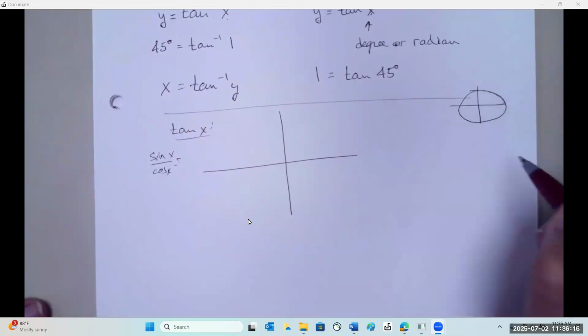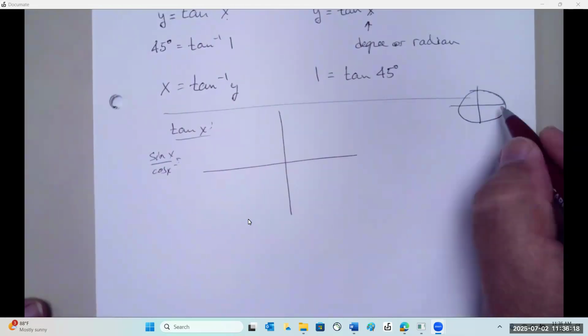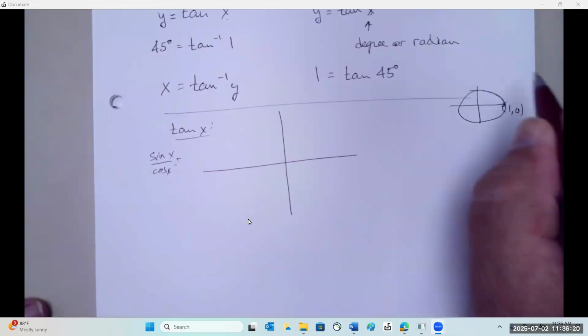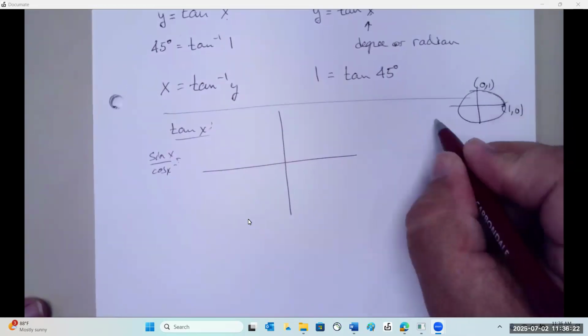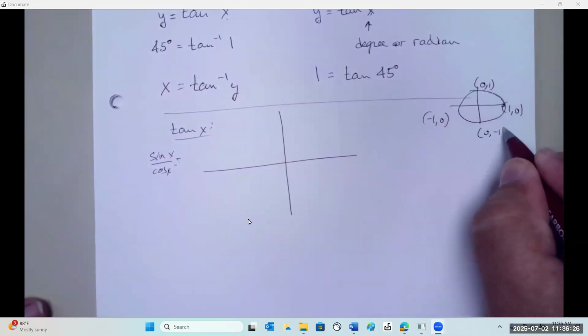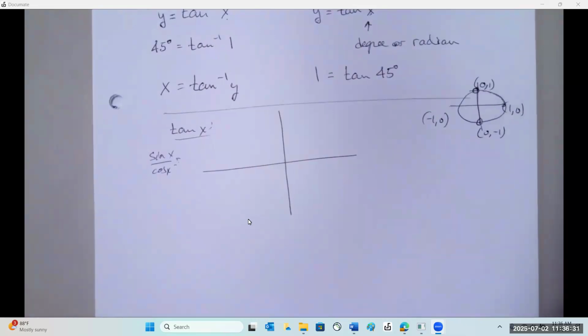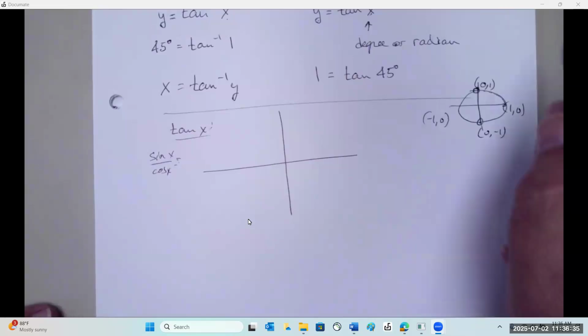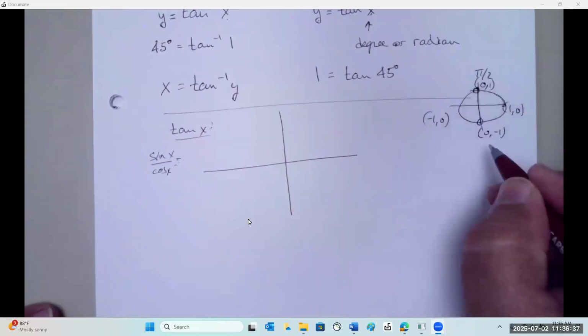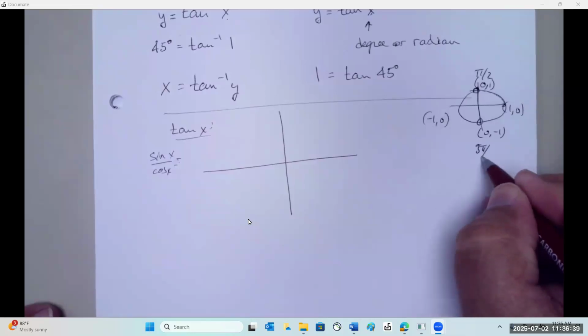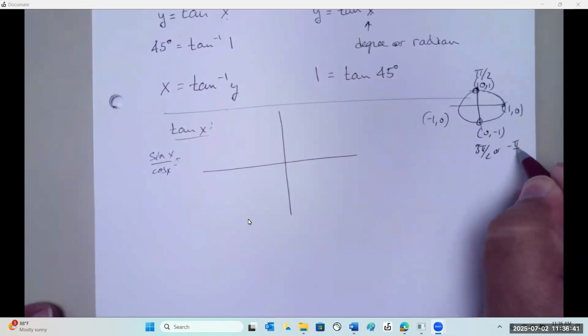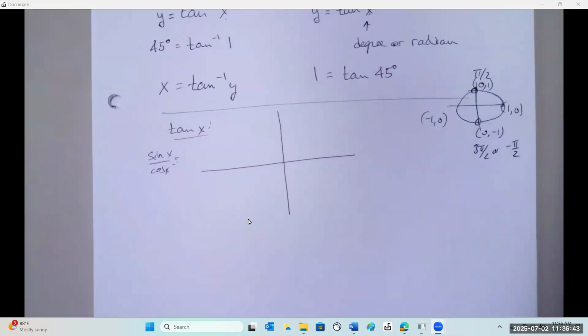At which value is x equals 0? This one is 1 comma 0. This is 0 comma 1. This is negative 1 comma 0. This is 0 comma negative 1. Yeah, so pi over 2 and negative pi over 2. Right. So this is pi over 2 or 3 pi over 2 or negative pi over 2, depending on which way you're going.